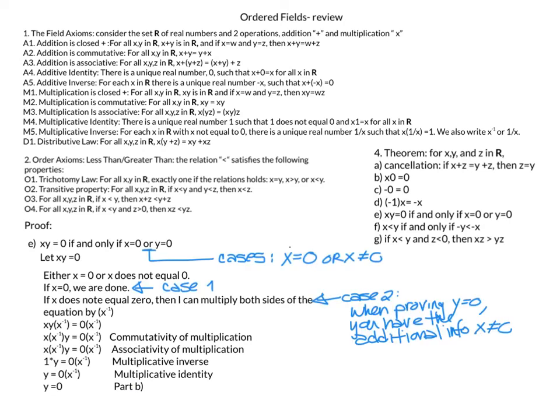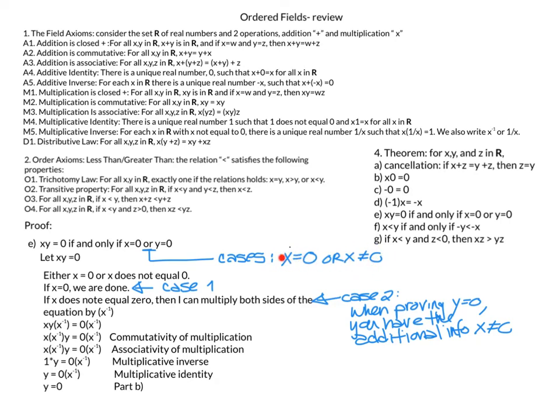And again, I just wanted to mention one of the things I like about this proof. If you have to prove one of two things are equal, in this case we're proving either x is equal to 0 or y is equal to 0, you can break this up into cases where in one of the cases you can just assume it is true. And then the other case would have to be that your x is equal to 0 is not true.